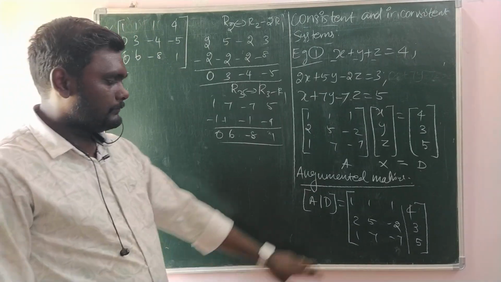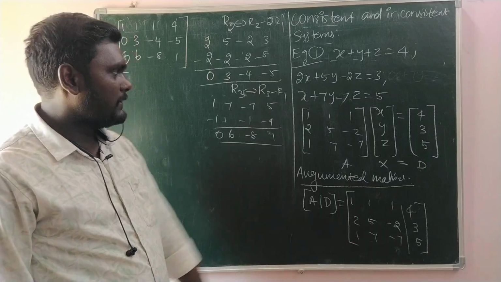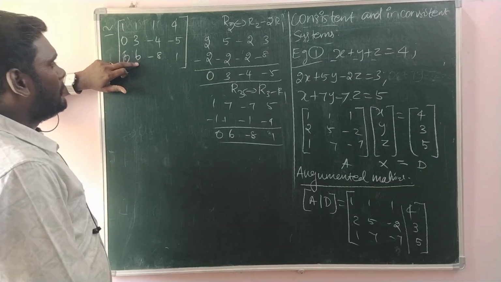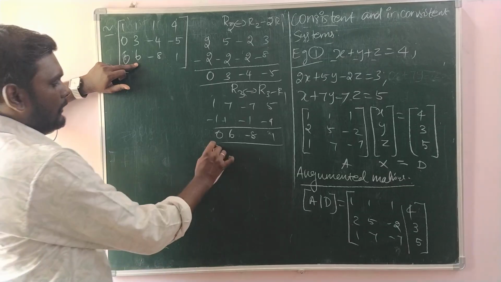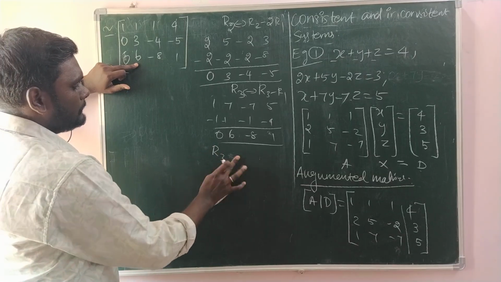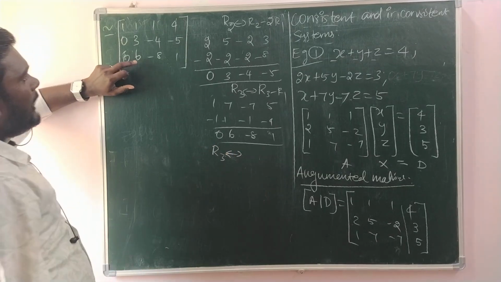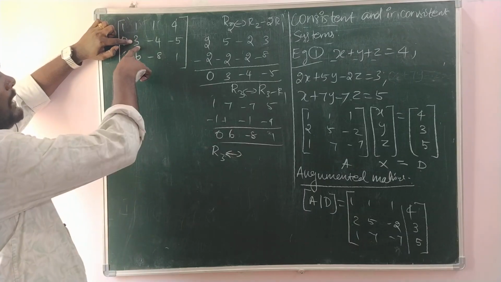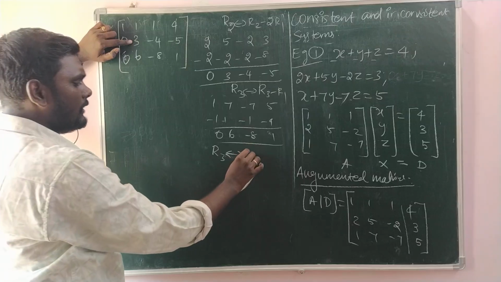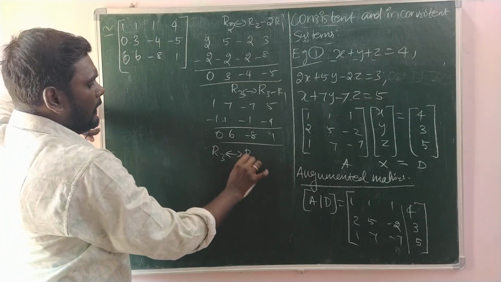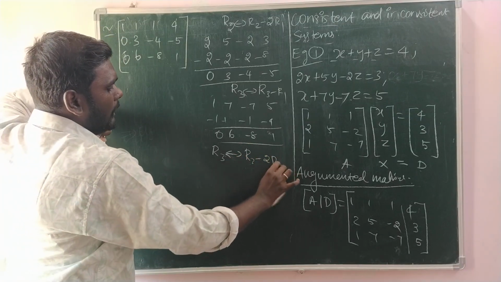Okay. Now I made this place 0, this place 0. Then again this place should be made as 0. How that can be made 0? So in R3, this can be multiplied with the 2 and subtracted with the 6. Is it? So we'll get R3 minus 2 R2.